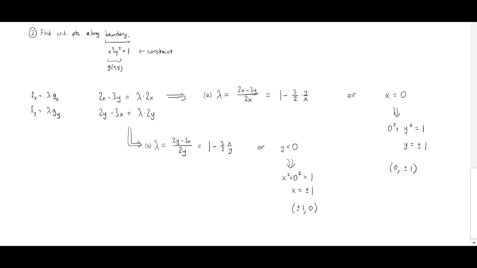So from these 2 equations, since I have 2 things equal to lambda, that means they should be equal to each other. So I'm going to get 1 minus 3 halves times y over x should be equal to 1 minus 3 halves times x over y.